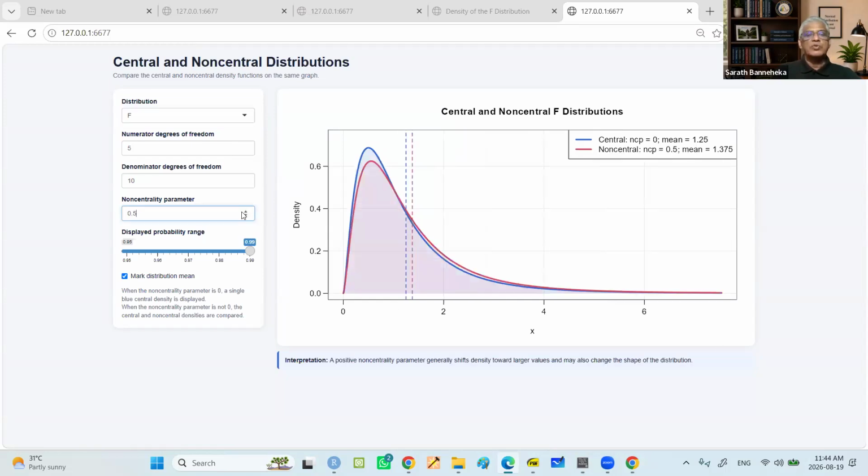So you can see now you have two curves. The red curve shows the non-central F distribution. You can see that the non-central F distribution has a longer tail in this case than the central F distribution. Let's see what happens when we increase it, but then the scale will be changing also, so let's keep track of this number 6 here.